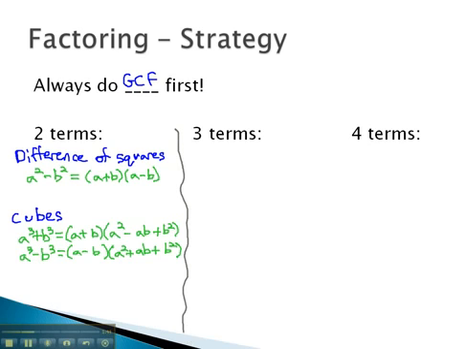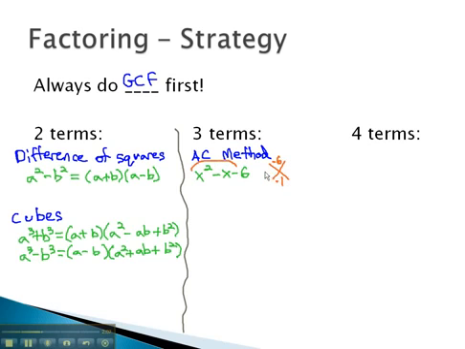If there are three terms in the problem, what we will factor by is the AC method. For example, if we have x squared minus x minus 6, the AC method would say we multiply to negative 6 and add to negative 1.